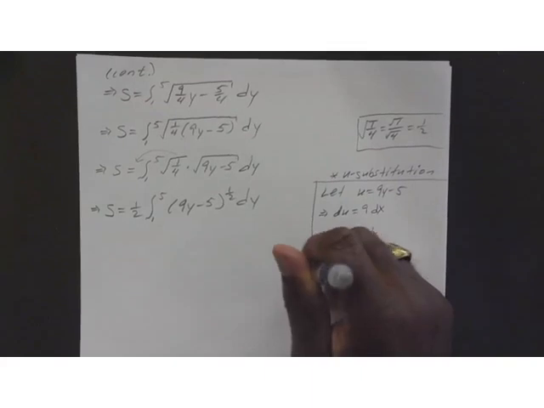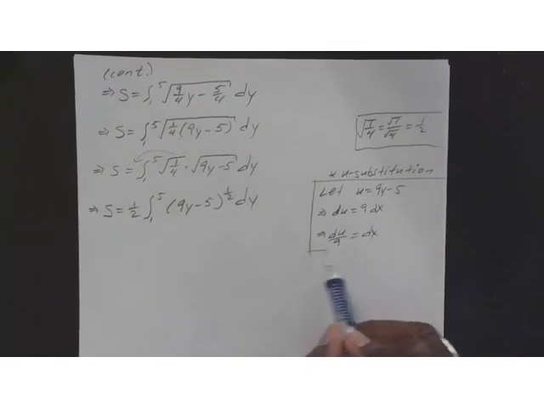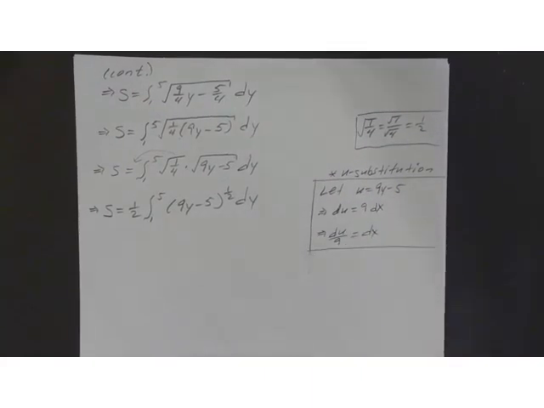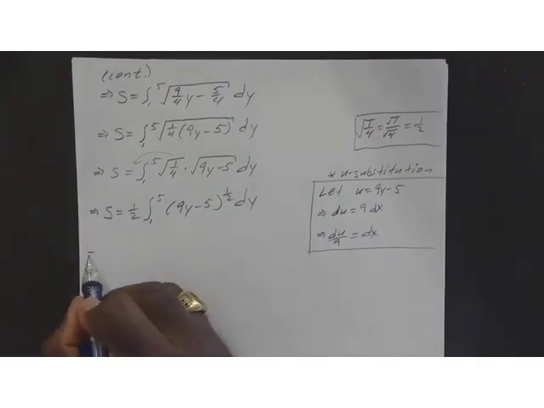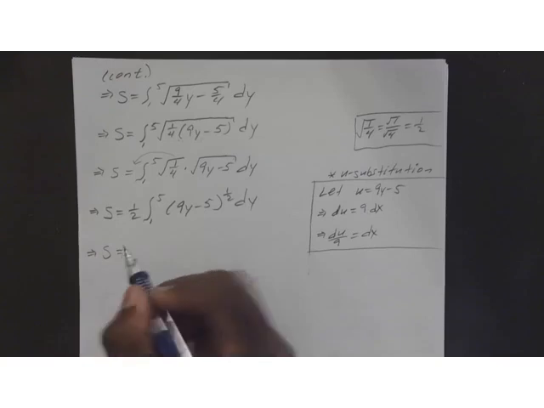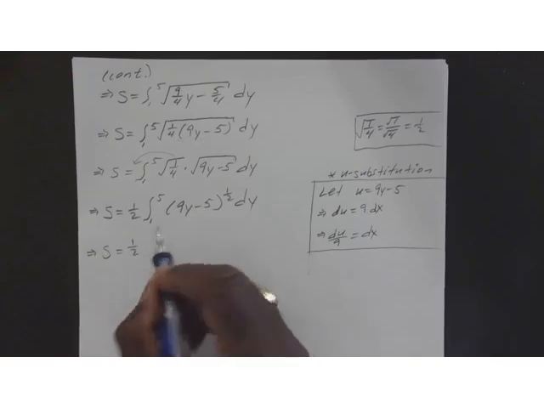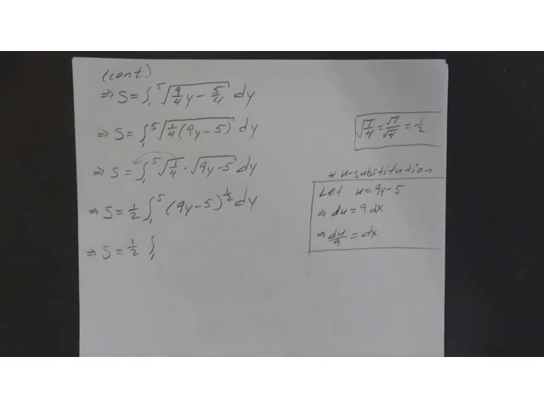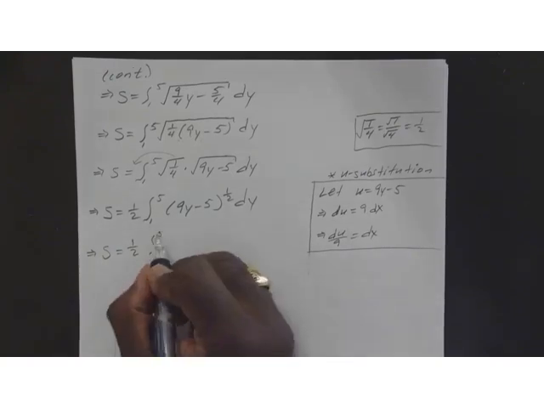Shorten that line up a little bit. So we can convert this to 1/2 times the integral from 1 to 5.